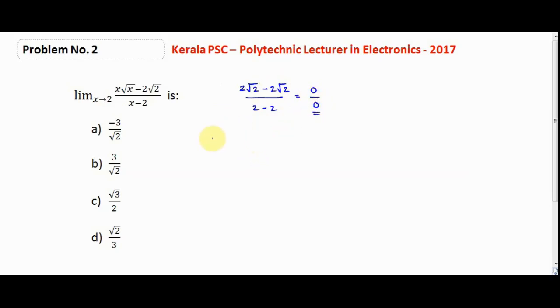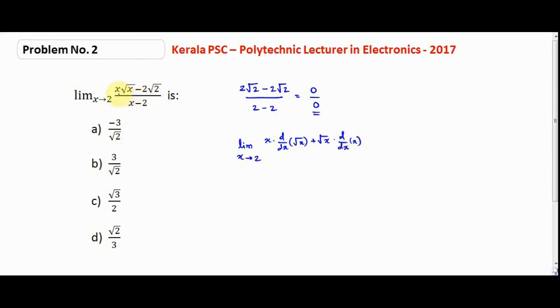So let's apply L'Hospital's rule here. Differentiate numerator term and denominator term. If you differentiate numerator term, the expression modifies as limit x tends to 2, x into d by dx of root x plus root x into d by dx of x.